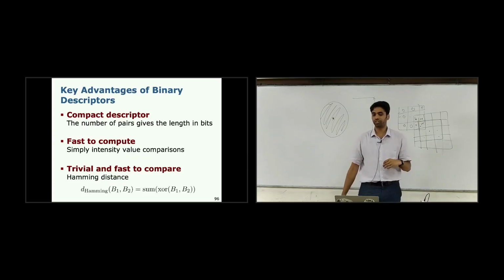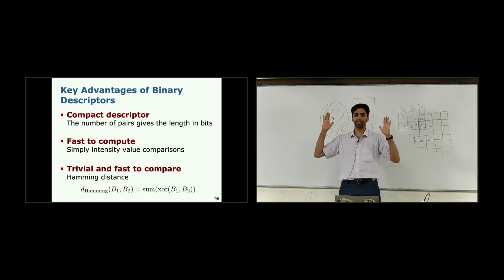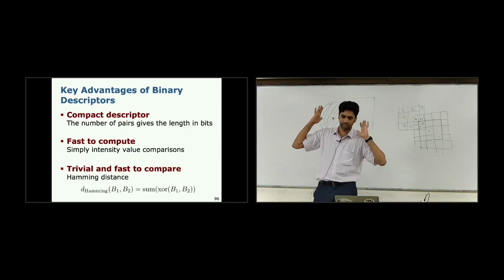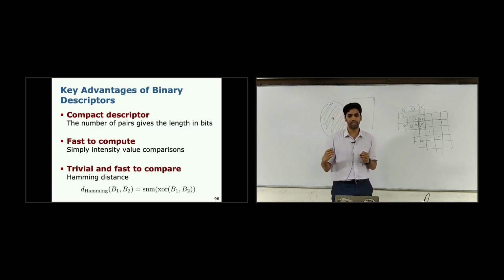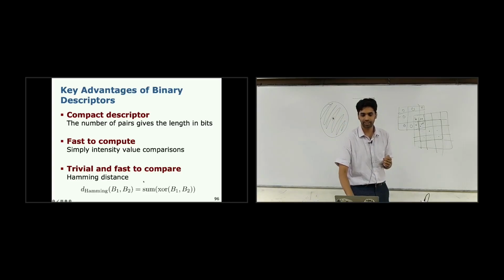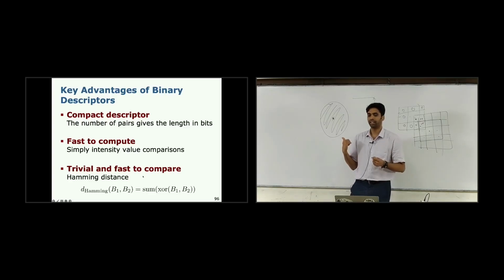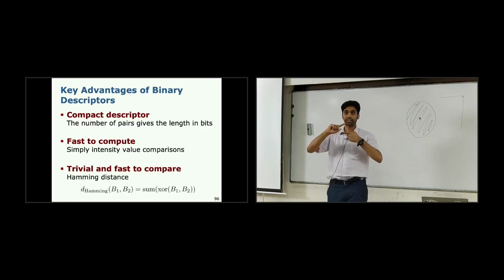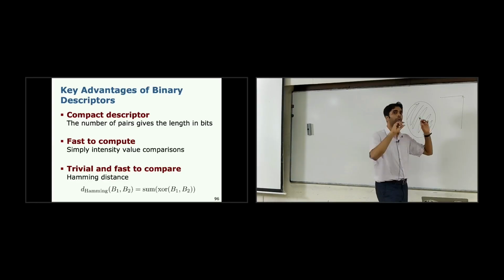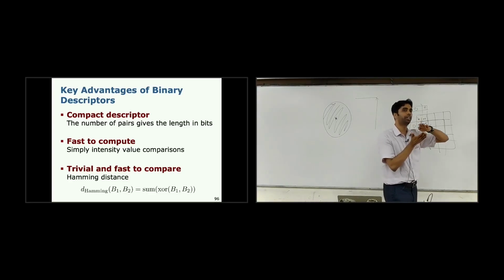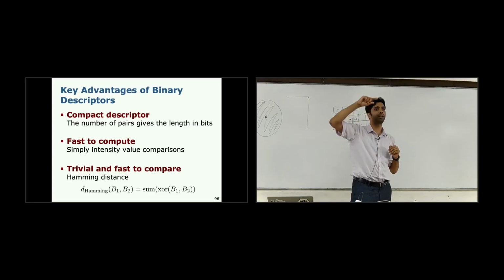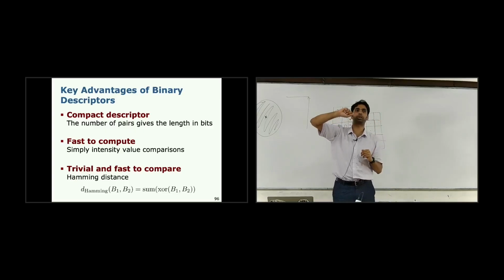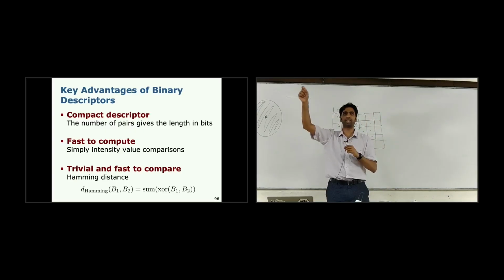The advantage of this is that it is super compact. The length is small, and computing them is also fairly quick. It's simple intensity comparisons. The other interesting thing is that the distance between two such strings is just an XOR operation. Before, with two vectors of floating point numbers, to compute the difference between the two descriptors you would have to compute some kind of Euclidean error: the individual elements squared, summed, and then even a square root.